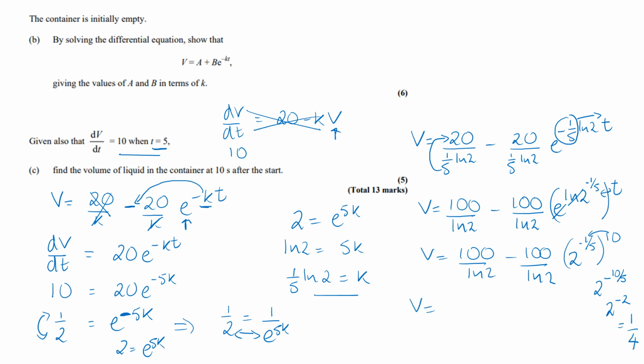So V is equal to 100 over the ln of 2 minus 100 over the ln of 2 times a quarter. So that quarter and that 100 can be 25. We've got common denominators, so 100 minus 25 is going to be 75 over the ln of 2.